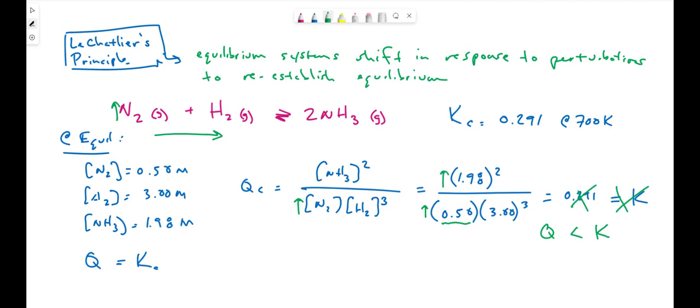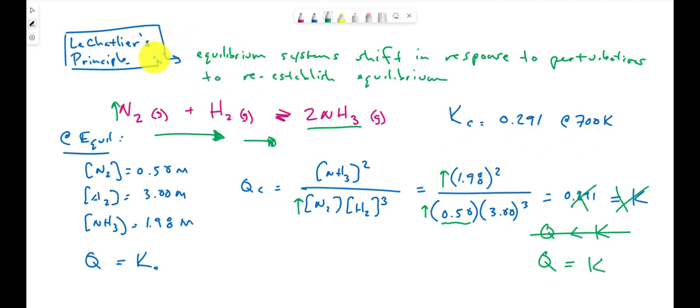That means this value's got to increase, that value's got to increase. That means the reaction gets pushed further to the right than it was before. But what that does is now Q starts to reapproach K until Q is equal to K.